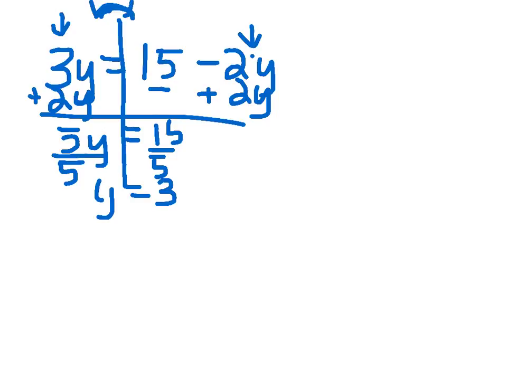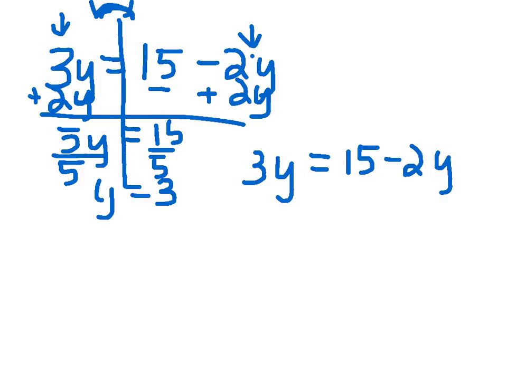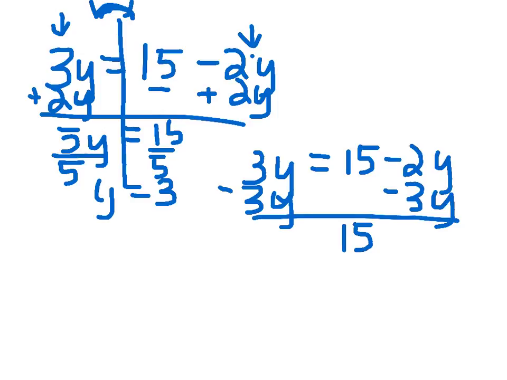A really common mistake that kids make is they say 3y is equal to 15 minus 2y. Okay, well, I need all my variables together. I'm going to add the opposite. Okay, that means I must have 15 is equal to negative 5y. But if you see what happened, this is wrong, because 3y minus 3y is actually 0, and what you've done is move the equal sign.